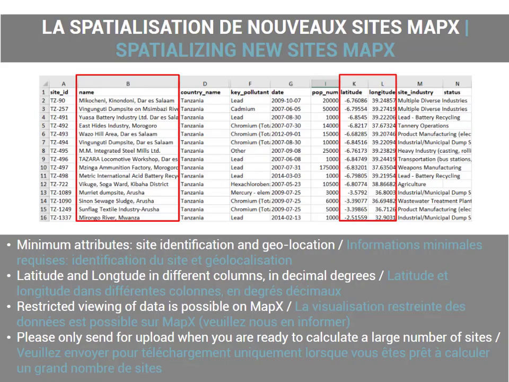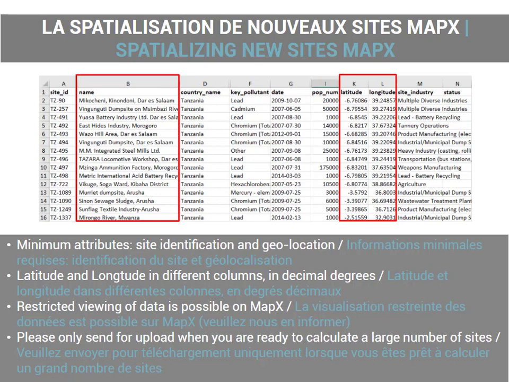And in order to do that, you should send me, Teresa Dearden, an Excel sheet that looks somewhat similar to this. This is just an example, but at a bare minimum, the site should include some sort of site identification, either a unique name or a number, and the GPS coordinates. And these GPS coordinates should be in latitude and longitude in 2 separate columns in decimal degrees.